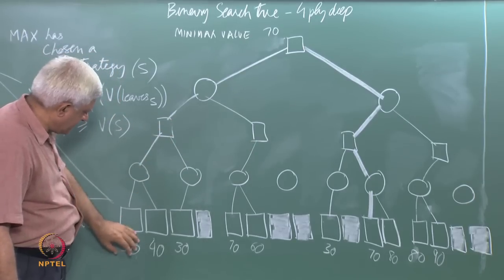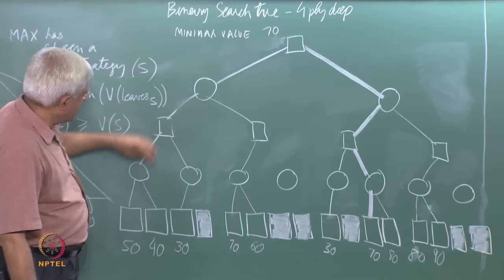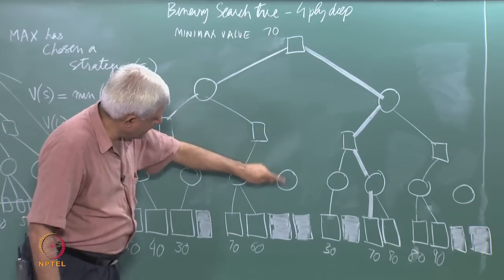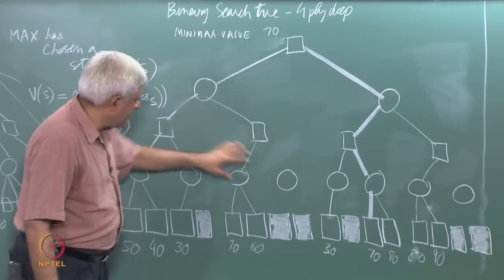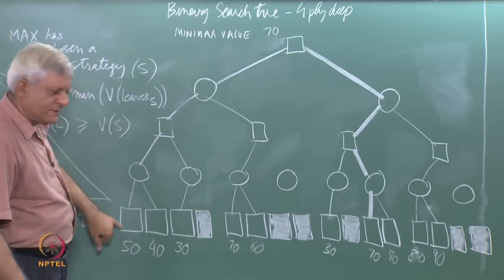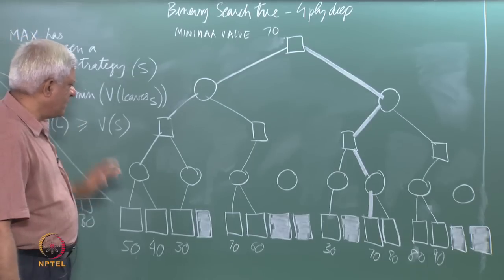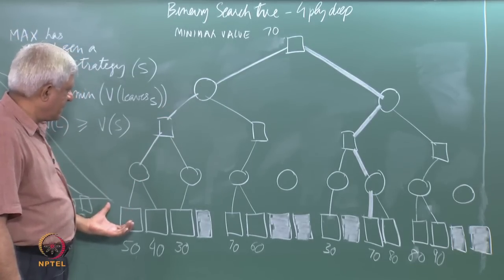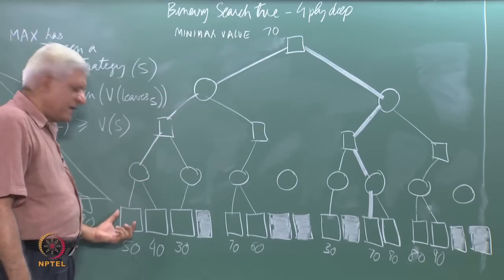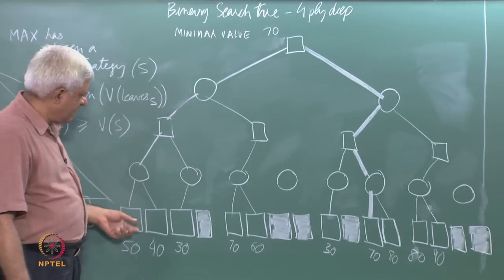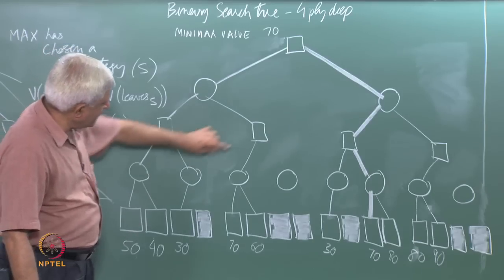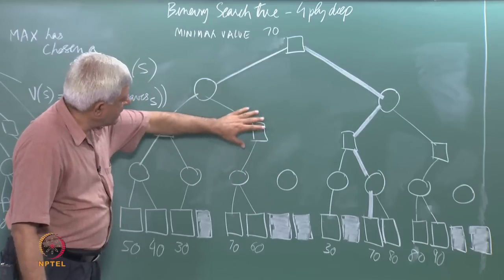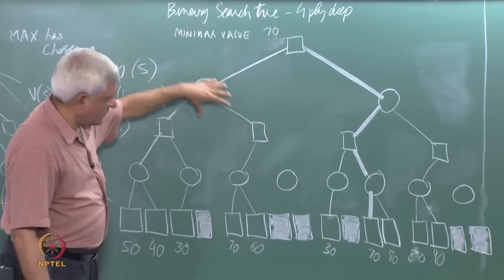Alternatively, this leaf will also be part of a strategy where max makes that move, this move here, but the other move at this place here, that also will contain this particular strategy. So, you need to visualize this a little bit, that in this particular game tree, every leaf belongs to two strategies, and the one strategy is when max makes this choice here, and the other strategy is when max makes the other choice here, because max has to take into account this choice of min here.